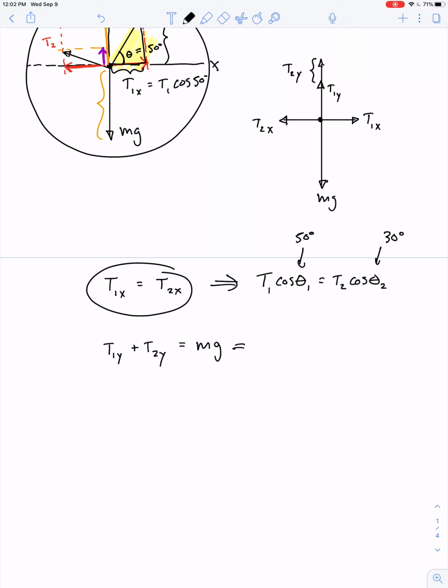Likewise, T1 times the sine of theta 1 plus T2 times sine of theta 2 is equal to mg, and again, where theta 1 is 50 degrees, theta 2 is 30 degrees, m is 6 kilograms, and g is 9.8 newtons per kilogram. I'm not so eager to plug in the numbers just yet.